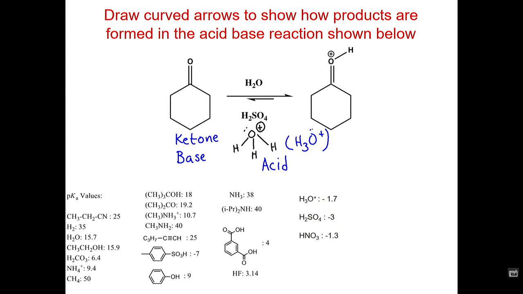Since the ketone has just one oxygen, we know that is the basic site on the ketone. So we are now using the ketone as a base because we have an acid around it.